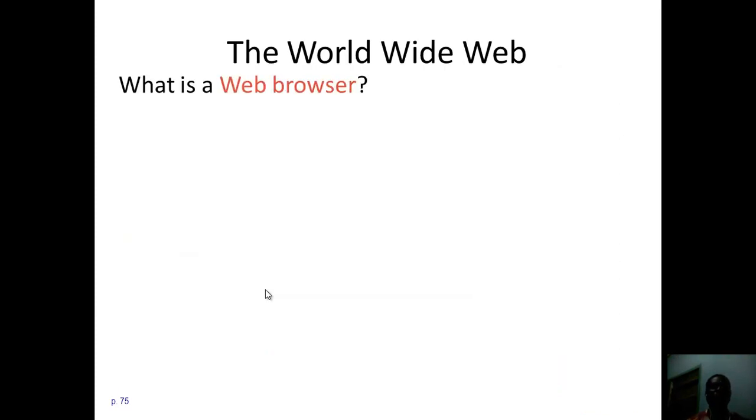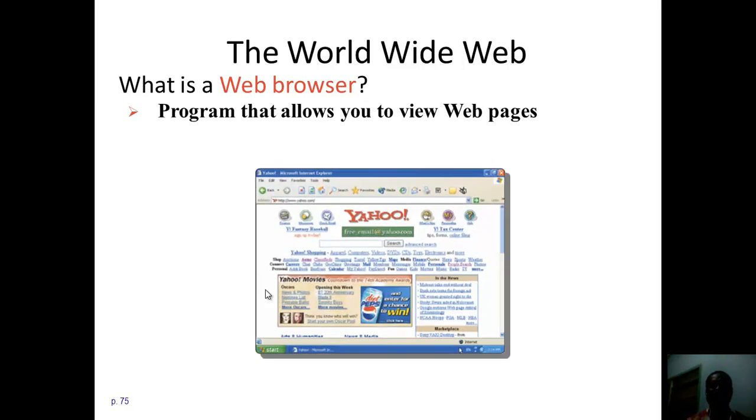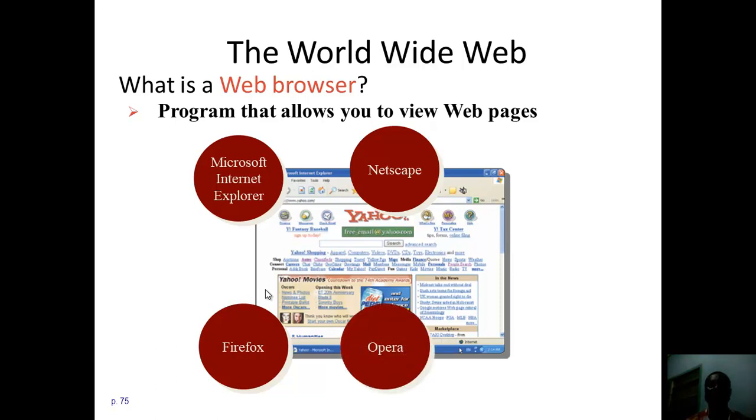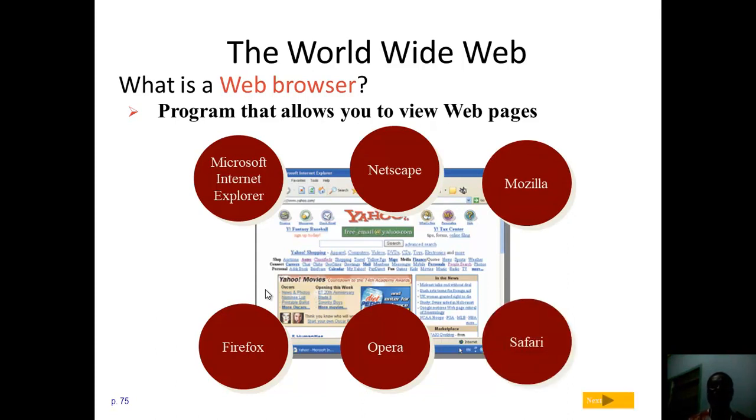What we use to access the web on your computer is called a web browser. What examples do you have on your phones? You have browsers there. Have you seen Opera, Firefox? Currently I use the Internet Explorer, and so on, the Netscape, and so on. All these are called browsers.